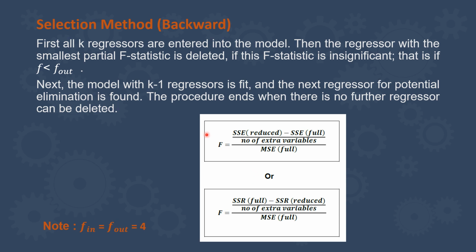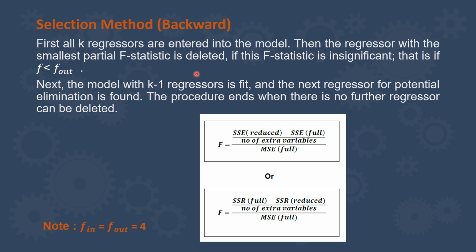So, coming back to the partial F statistic, after we compare with the F out, for each predictor, if the calculated partial F statistic is less than F out, less than 4, therefore the predictor is considered to be removed or eliminated. After removing a predictor, the model is refit and the process is repeated until all remaining predictors have F statistics greater than F out, or greater than 4.